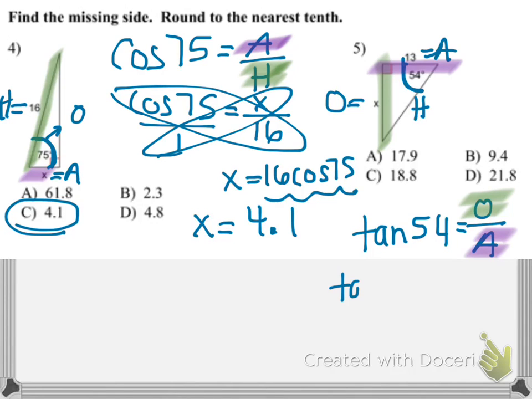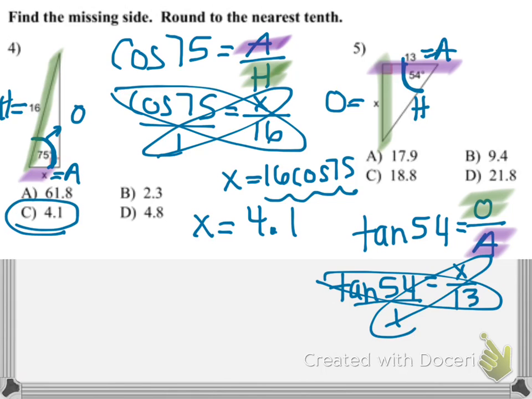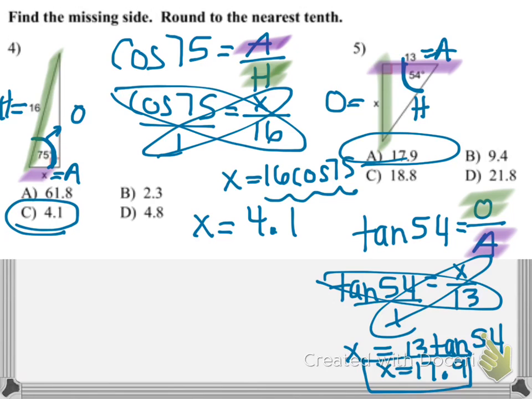So here I have tangent of 54 equals x over 13. Put that over 1 and cross multiply. x times 1 is just x equals 13 tangent 54. Put that in my calculator, 13 tangent 54. I get 17.9. So x equals 17.9. So that is the same as A, and you got your answer.